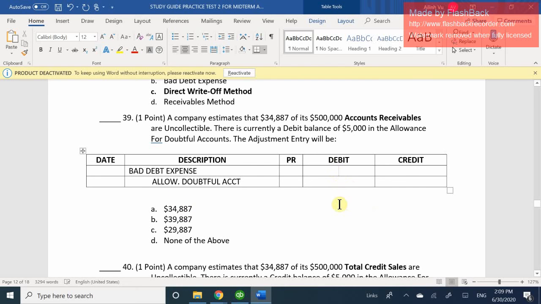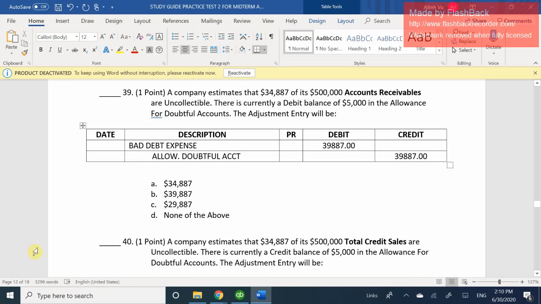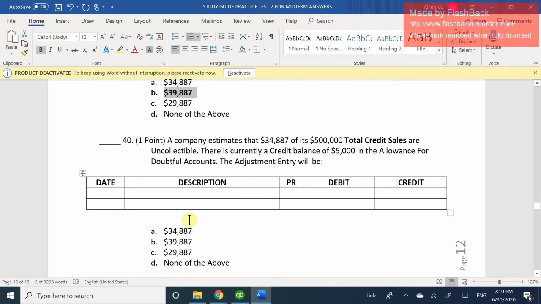And how much did you say it was for? 39,887. So you recognize that you added the two numbers together, and that is correct. 39,887 is correct. And so then 39,887 is B. Yes. Okay, good. What about 40?